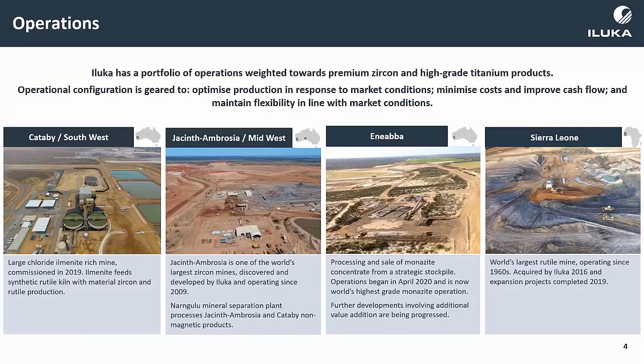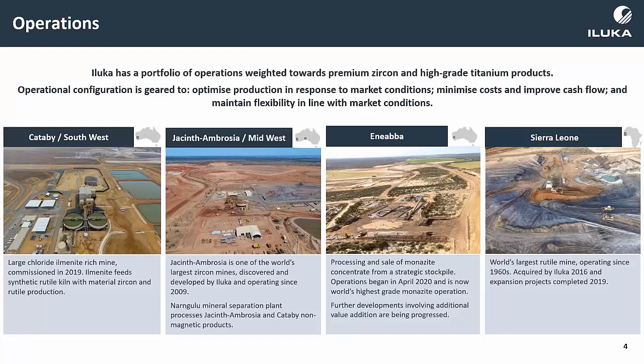The operating facilities that Iluka has, so we have our Cataby Southwest business unit. We have our Cataby mine producing a heavy mineral concentrate, and in Capel we have our synthetic rutile kiln that produces a high-grade titanium dioxide product.